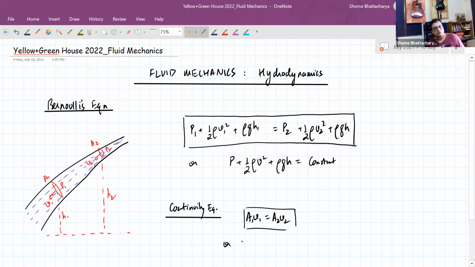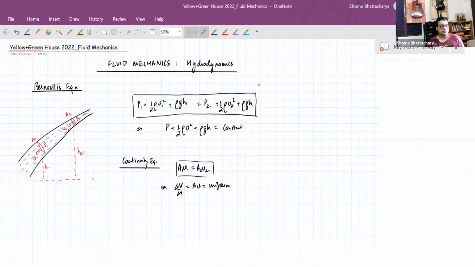So these are the two mathematical equations that are used for solving any and every situation in hydrodynamics. Of course, remember that they are applicable for steady flow of an ideal fluid only.